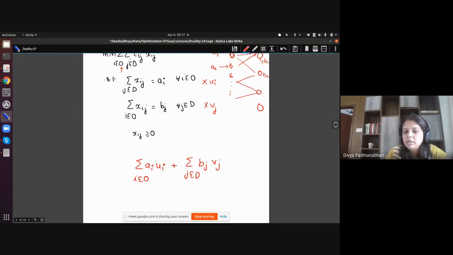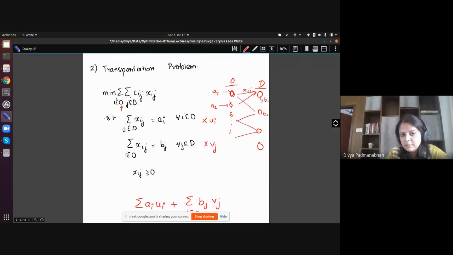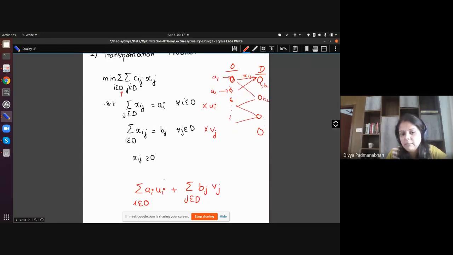This is a minimization form, so you want this to be a lower bound, and you want the best lower bound, so that's why you maximize this. Remember this has the form minimize C transpose X such that AX equals B.